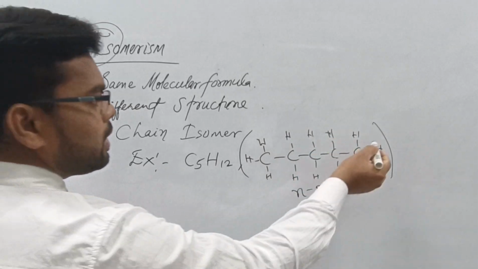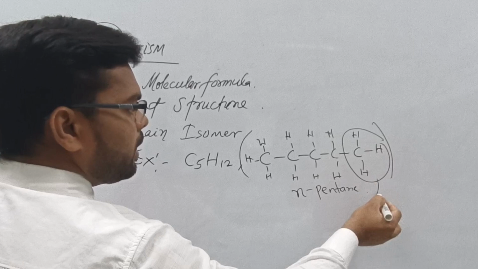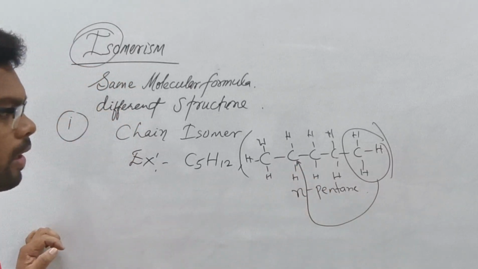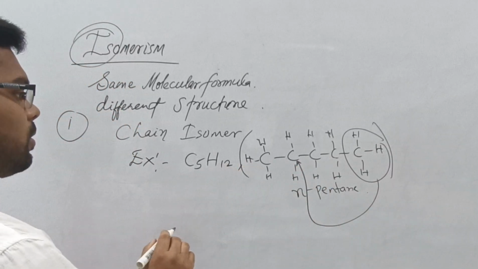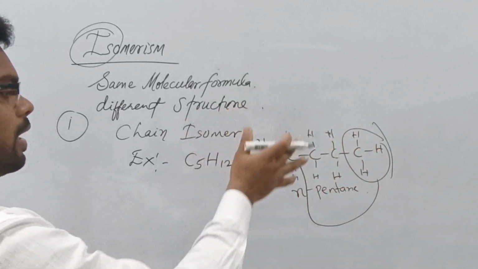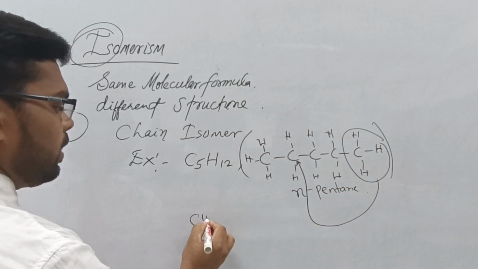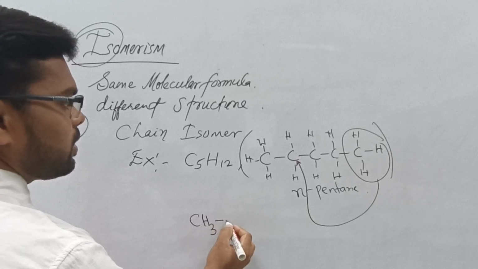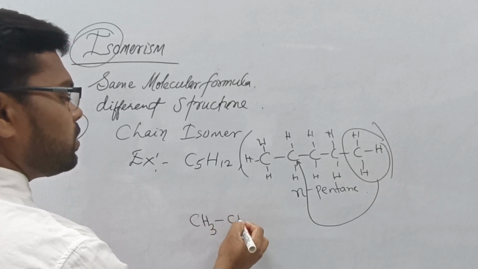Now what I do, this CH3 group, if you bring it to the second carbon, how does the structure look? I'm just writing the condensed one so that it will be faster. CH3, CH.